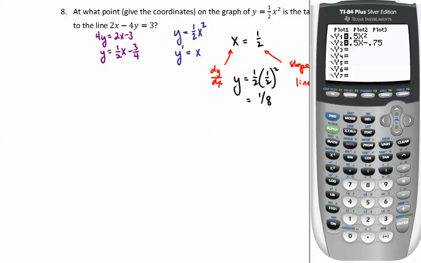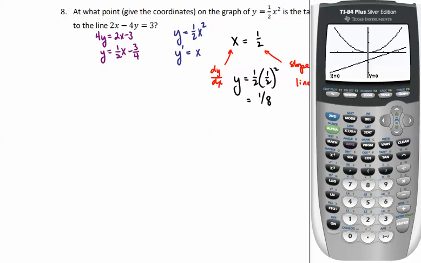And then I'll go in and zoom standard, and we'll take a look at those two. If I wanted to zoom in just a little bit, zoom in, notice that the cursor is flashing at the origin. If I hit enter, it zooms in around the origin there.